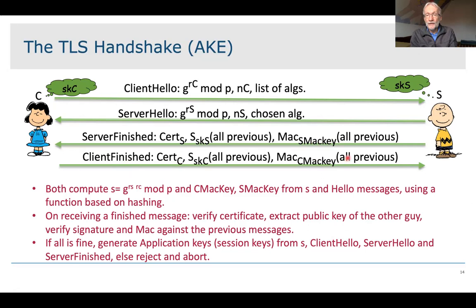And if both client and server are happy about the stuff that they receive, then they will generate some application keys from, as it says here, the Diffie-Hellman shared secret, the hello messages and the server finished message, and these will be passed to the record protocol and used for secure communication after this point.